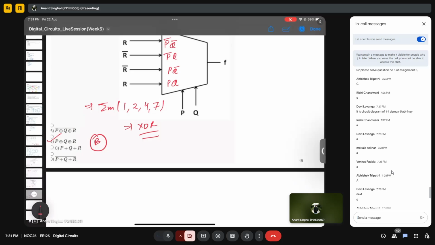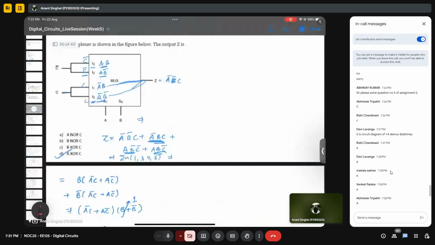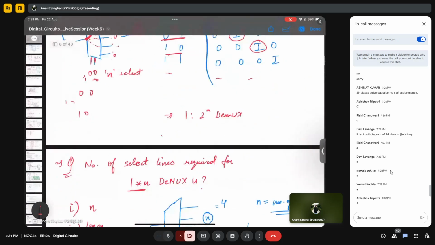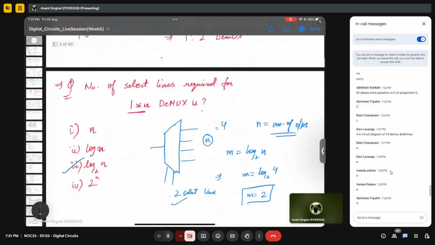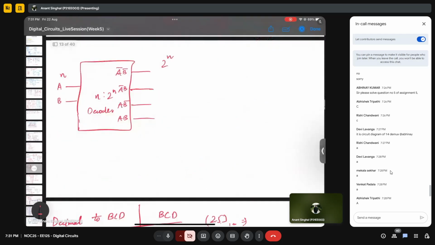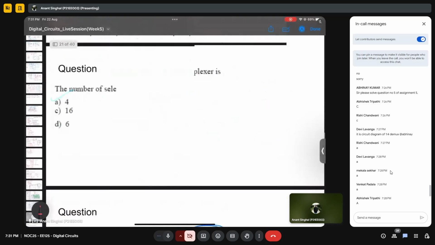Please solve assignment question number 5. Question number 5, I already told you, it's a 1x4 demultiplexer. I think somewhere I've told. Where did I tell? Somewhere I did tell, I think. I could not find it now.